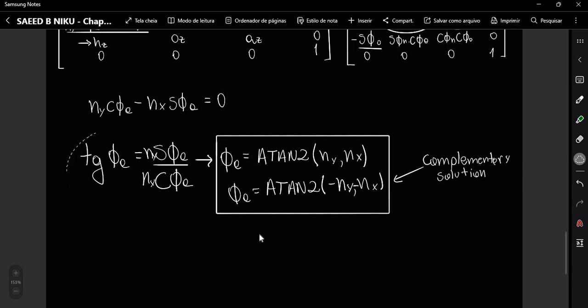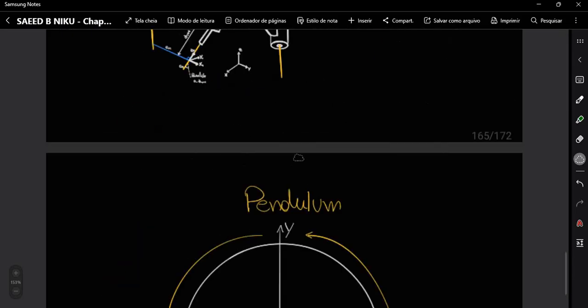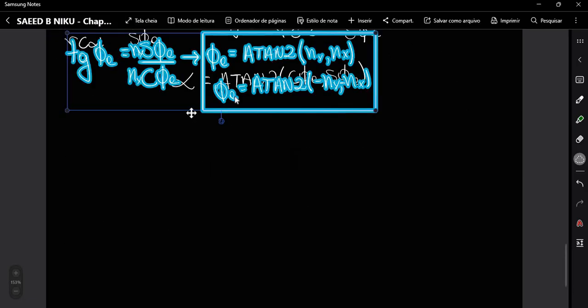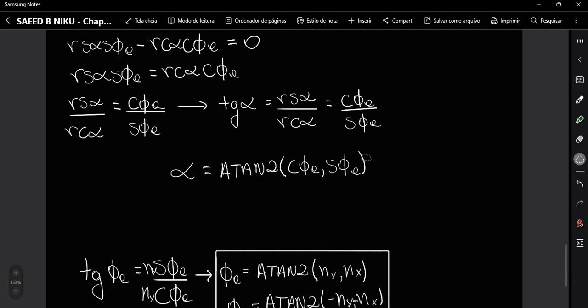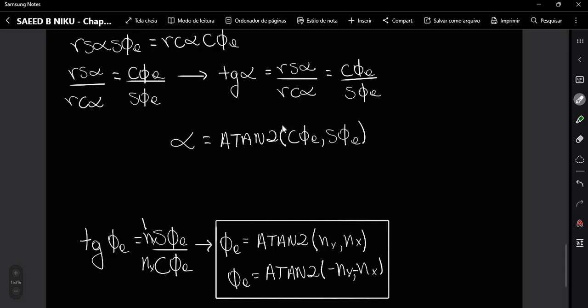Let me copy and compare. Because of this nx. But right now we are on the cylindrical one, not on the Cartesian one.